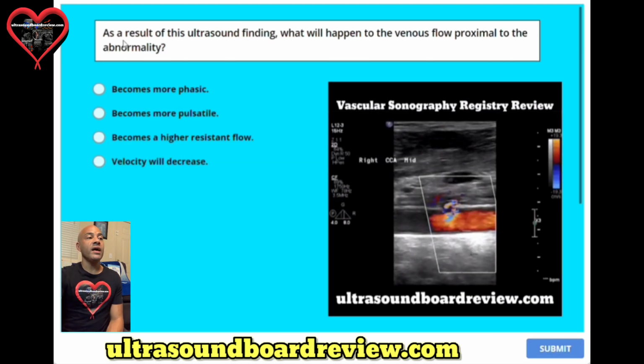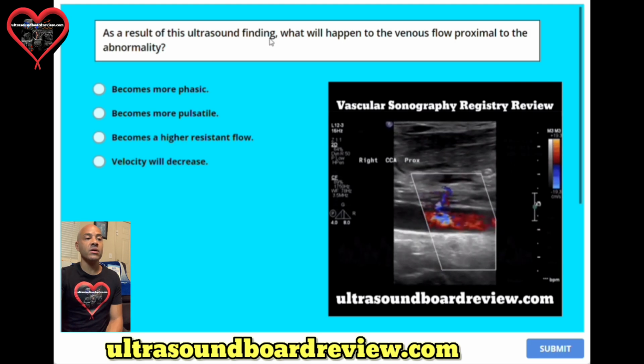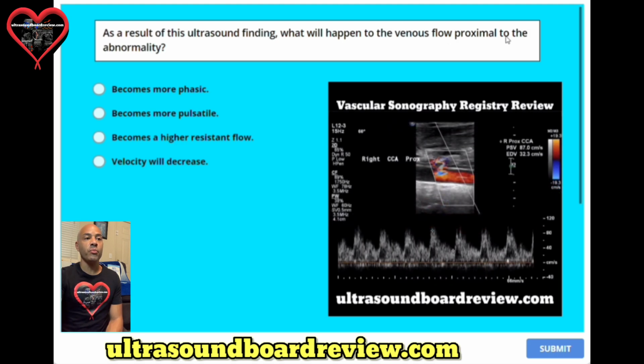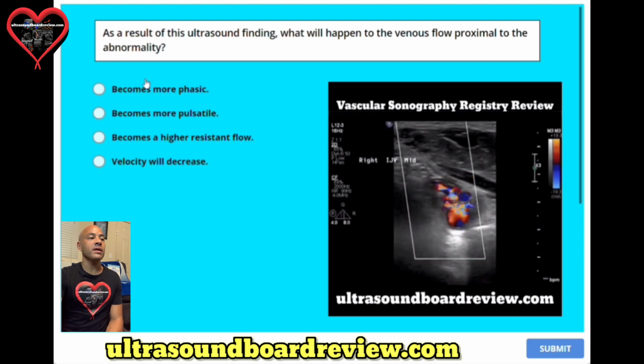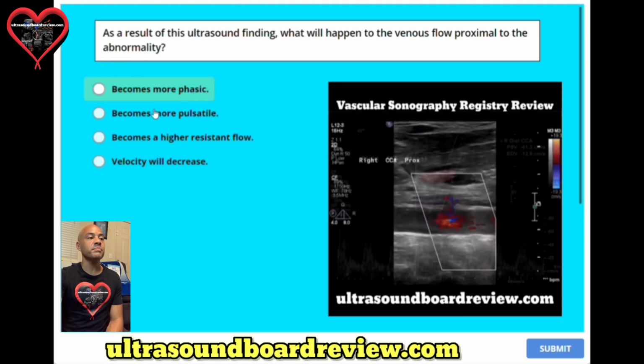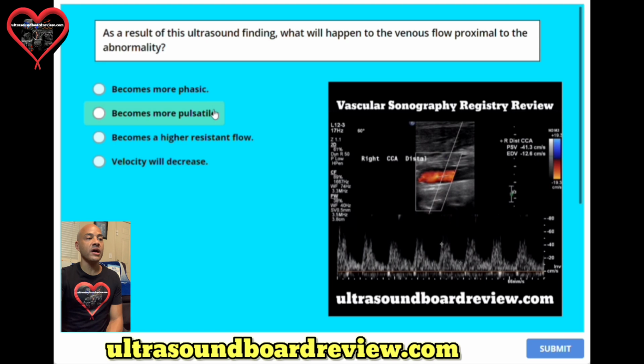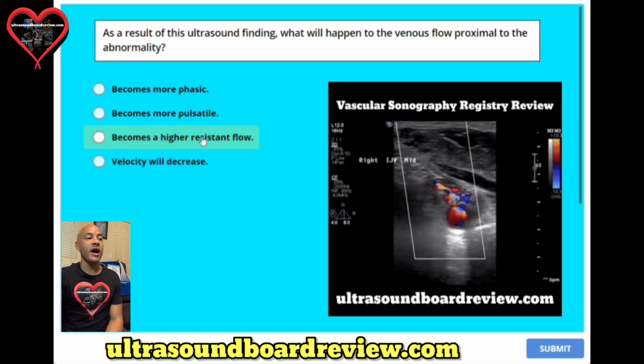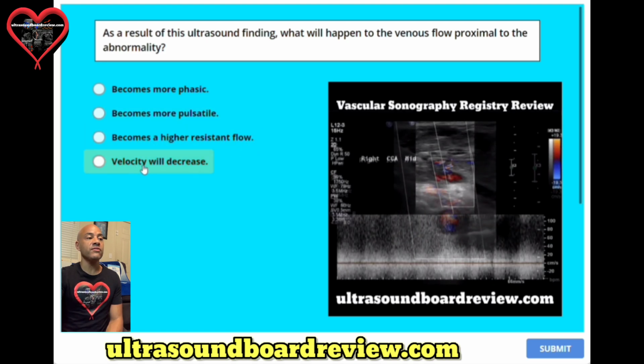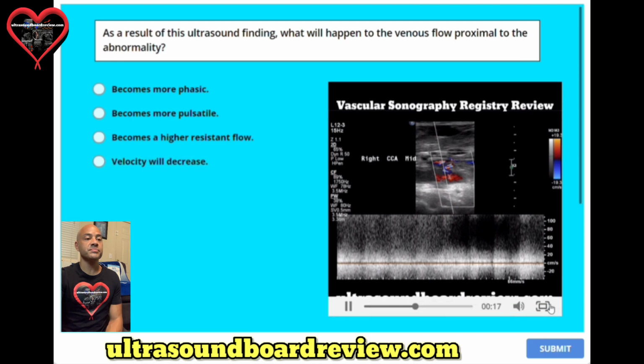Question 55. As a result of this ultrasound finding, what will happen to the venous flow proximal to the abnormality? A, becomes more phasic. B, becomes more pulsatile. C, becomes a higher resistant flow. Or D, velocity will decrease.